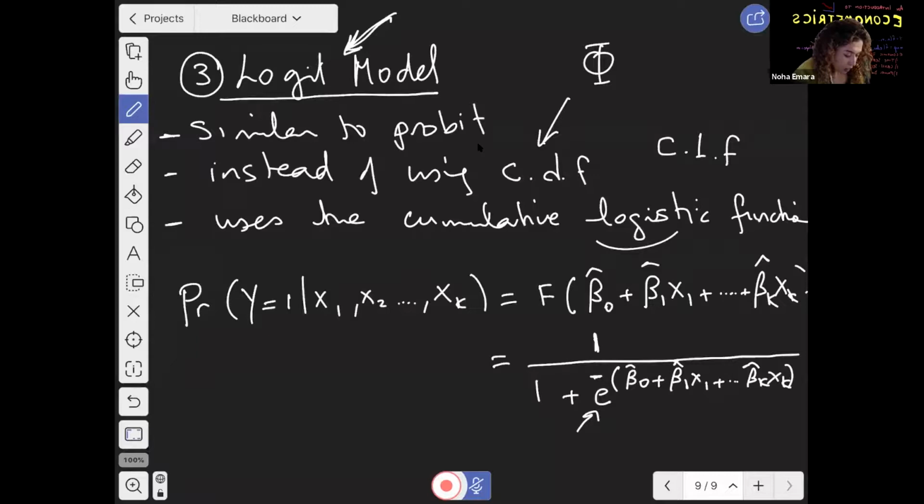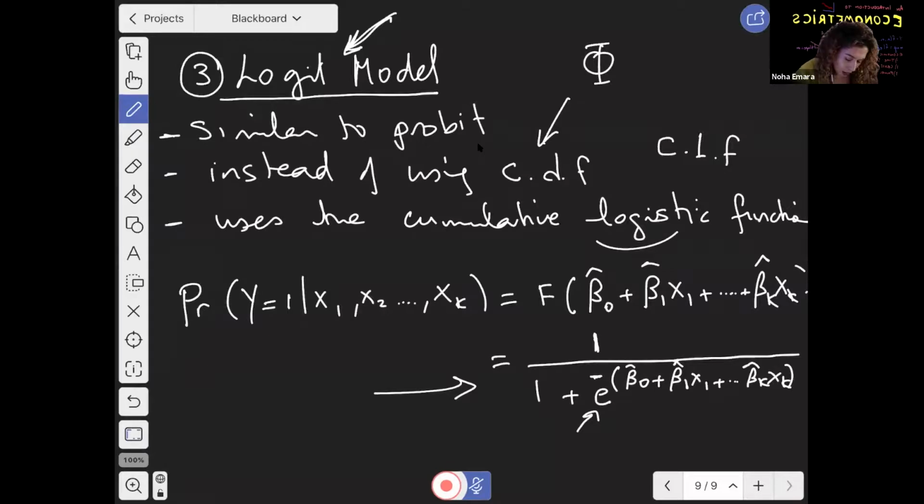Nowadays there is no preference between the probit and the logit because they are equally easy in computing, given that we have Stata. All you need to do is change the command in Stata and you will get the results. But if you're doing it by hand, then definitely this one is much, much easier.